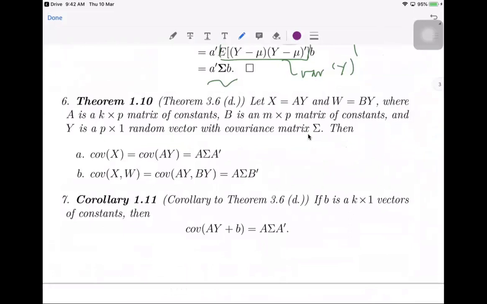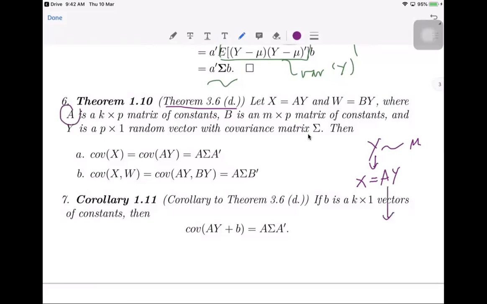What this theorem is talking about is that if we assume that y is a p by 1 vector with a mean mu, and we do a transformation on y by renaming it as x, but the transformation will be pre-multiplying it by a matrix k by p.